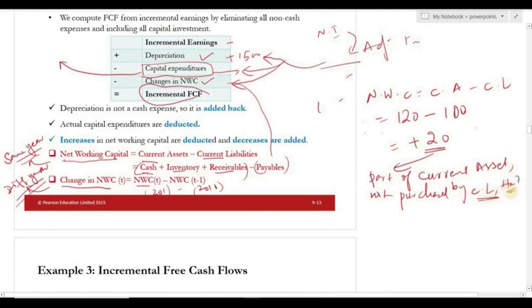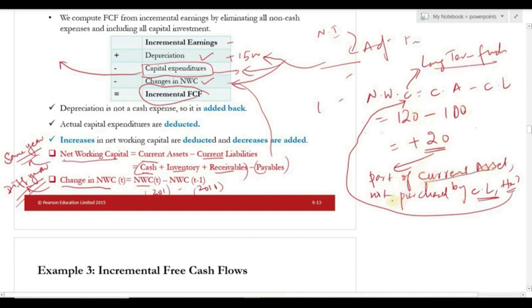Where did we buy it from? It will be bought from the capital, right? Capital means long-term funds. So the net working capital is the part of the current assets that is not purchased by the current liabilities. Instead, it is purchased by long-term funds.